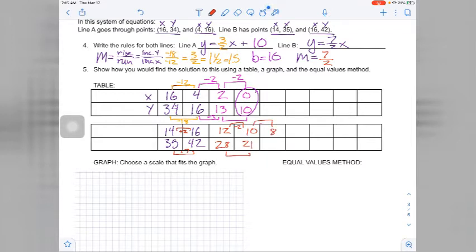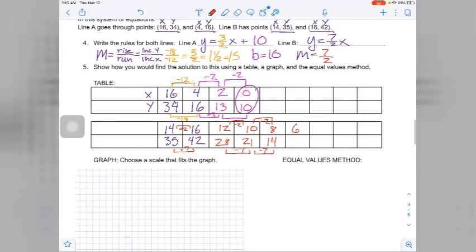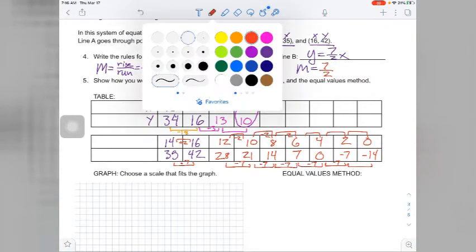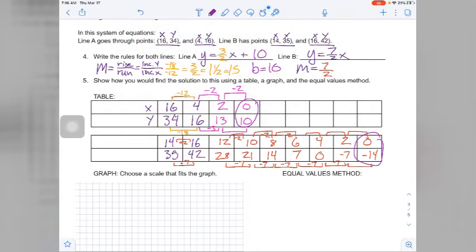If we go down 2 more, this will become 8, and this will go minus 7 and become 14, and then x will be 6, then 4, then 2, and then eventually 0. On the other side, I have to subtract 7 each time, so 14 minus 7 is 7, then 7 minus 7 is 0, and 0 minus 7 is negative 7, and negative 7 minus 7 is negative 14. So now I know that my b value here is negative 14.